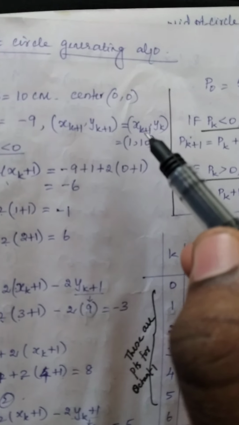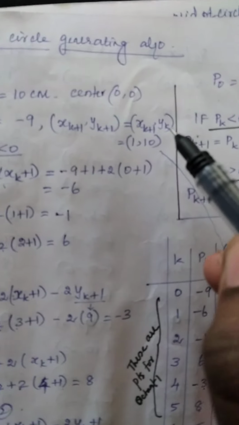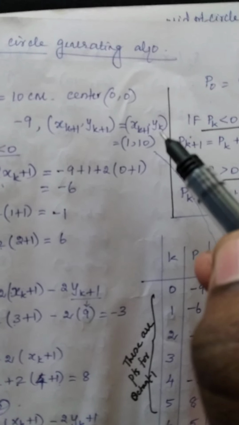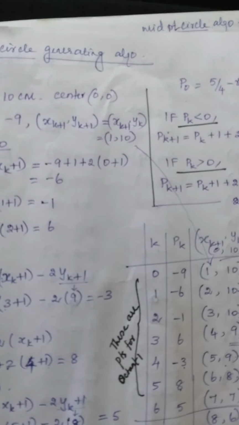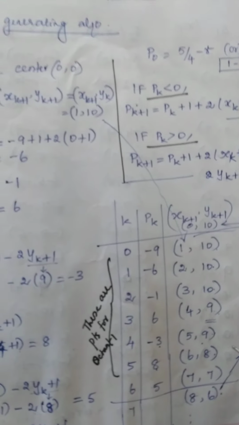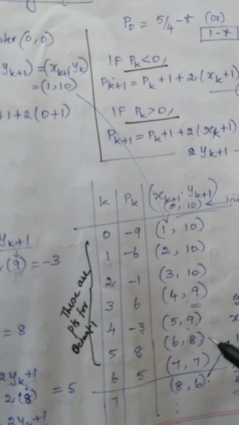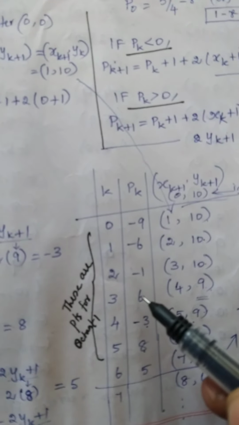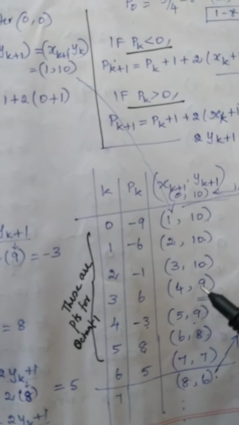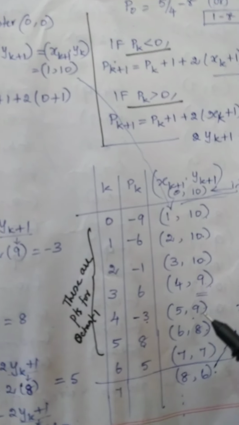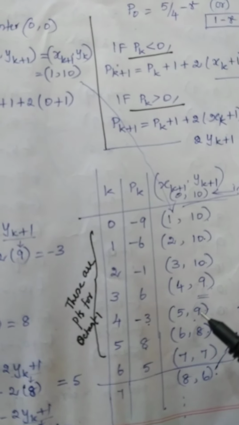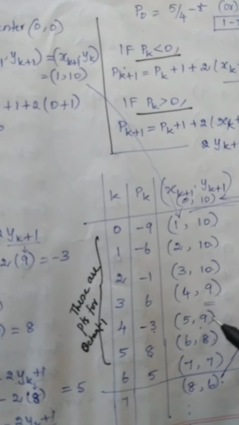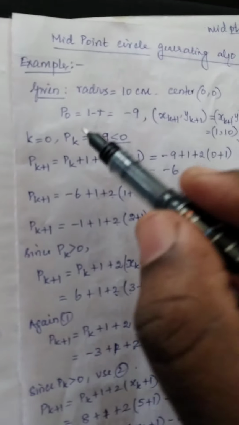Usually x value will be incremented by 1 and y value will be the same. If pk value is positive, y value will be decremented. Otherwise, if it is negative, it will remain the same. That is the condition for the y variable. Okay, so now let's start the process.